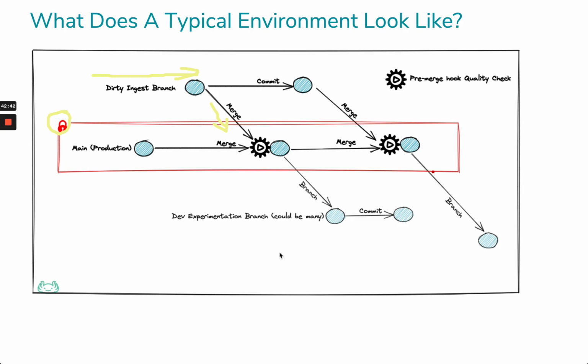Here I have a zero copy of all my production data that I'm merging with my dirty ingest branch. I can merge it here, I can do some commits, and I'll be able to revert if I need to within that. Only after I did this commit, I can decide whether or not to merge back. And this is, again, according to my policy, according to what I think is right.